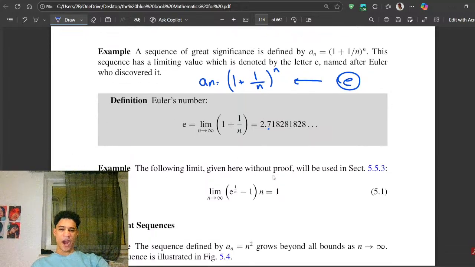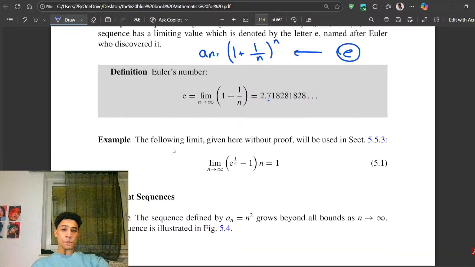The following limit, given here without proof, will be used in section 5.5.3: the limit as n goes to infinity of (e^(1/n) minus 1) times n equals 1.